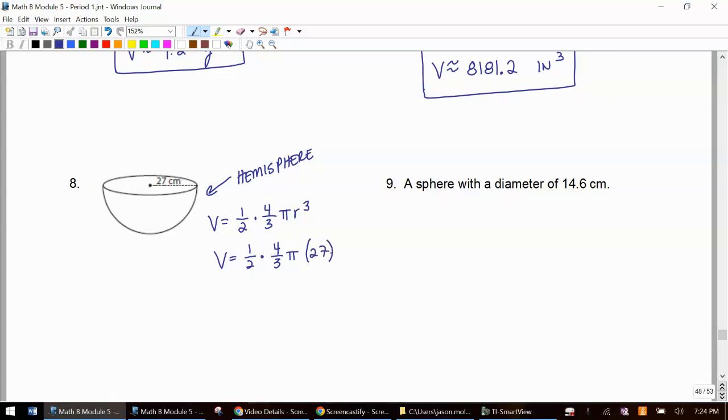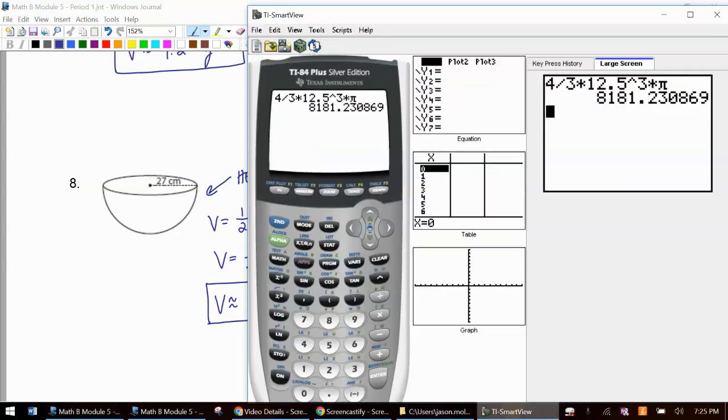And this time we are cubing 27. All right, and we're looking for cubic centimeters. By the way, sometimes I've seen people when they want to type this whole thing in, you could also cross cancel the 2 and the 4 if you want to, or you can just leave it and let the calculator do all of it.